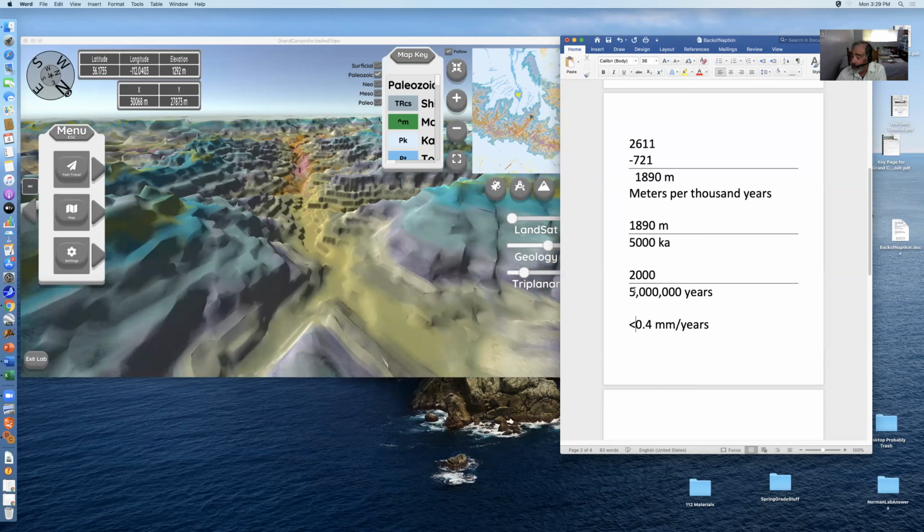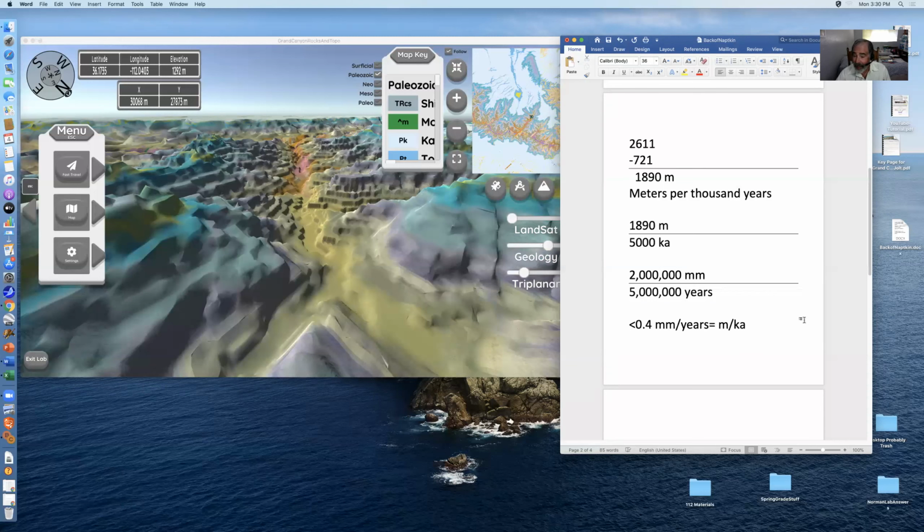So by going from 5,000 millennia to 5 million years in the denominator, if you change this from meters to millimeters, 2,000 meters is the same as 2 million millimeters, and it's the same. So meters per 1,000 years is the same as millimeters per year.